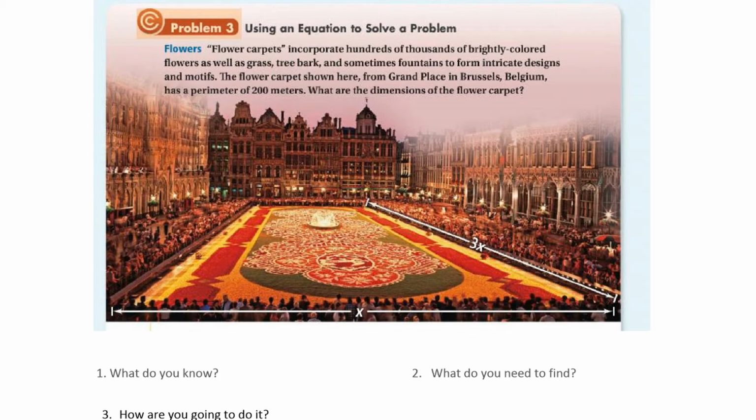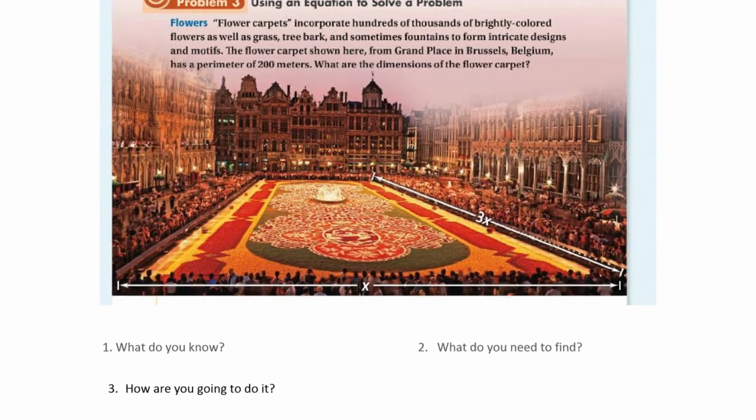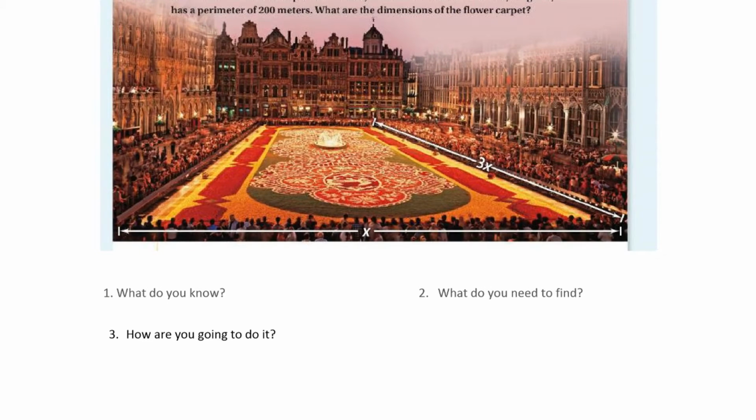Looking at this next problem, I'm going to be applying it to a real world situation. In this picture, it says flower carpets incorporate hundreds of thousands of brightly colored flowers as well as grass, tree bark, and sometimes fountains to form intricate designs and motifs. The flower carpet shown here in Brussels, Belgium has a perimeter of 200 meters. Okay, so first I'm going to look at what I know.